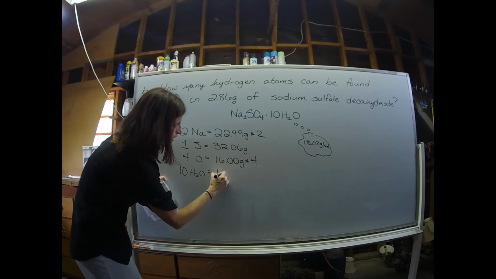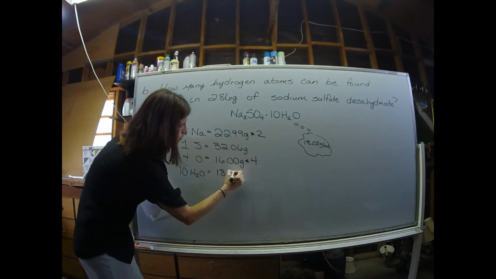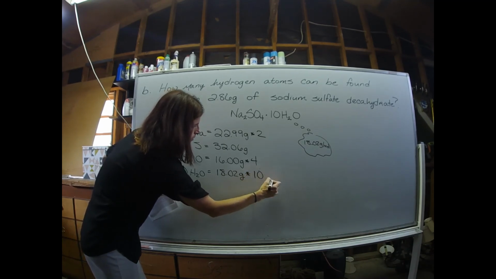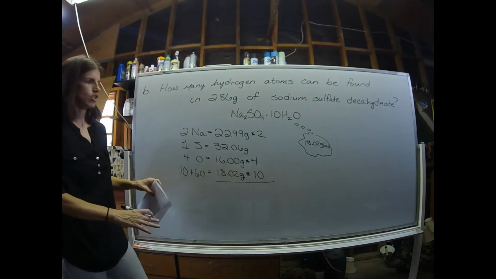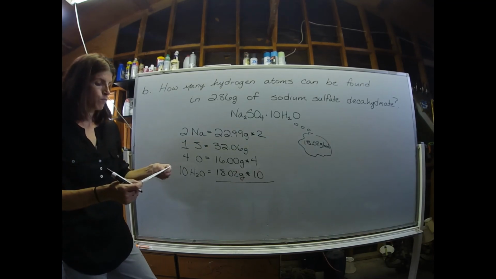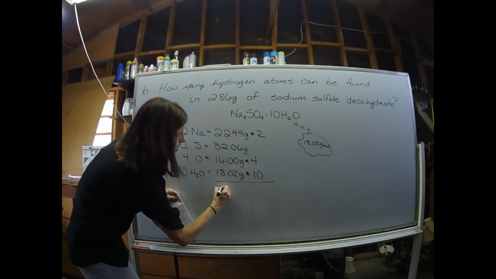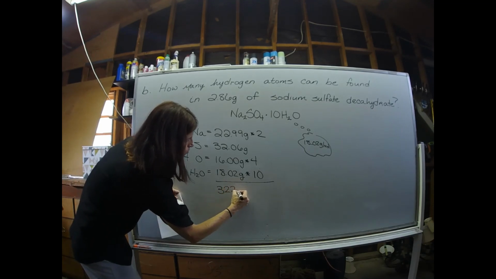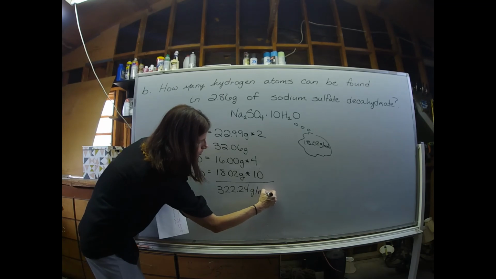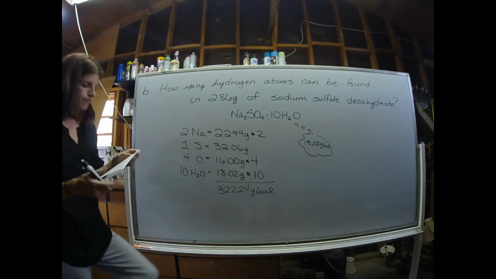And that's going to mean 18.02 grams times 10. And then just add all that up. This time I got a total of 322.24 grams per mole for the hydrate.